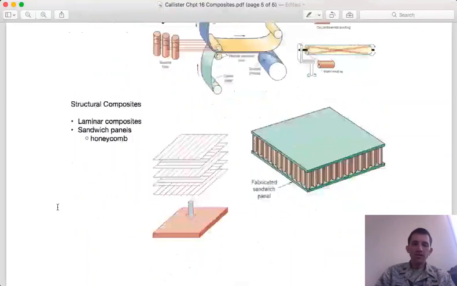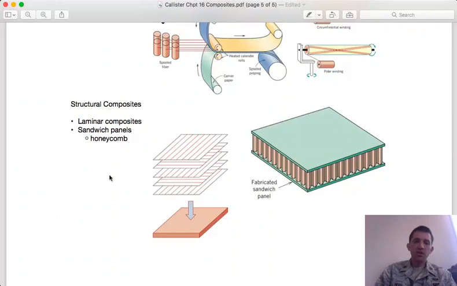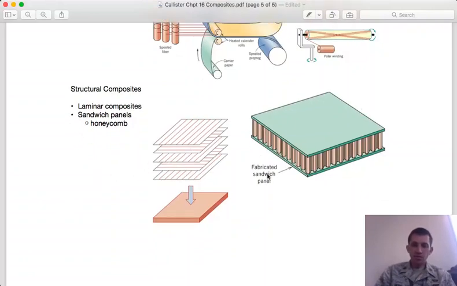Okay, the last topic here is structural composites. When you are taking especially these fiber reinforced polymer composites and making a part out of them, especially for a wing skin, it's common that you will not have a continuous piece of the composite material, but instead you'll put it right where it's needed most.